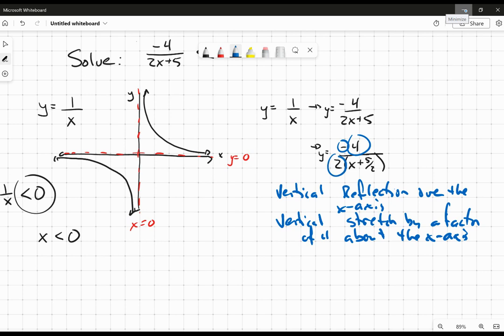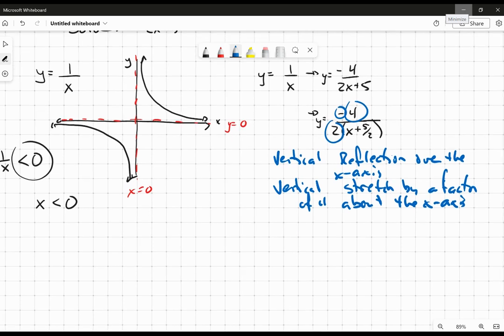That 2 in the denominator being in front here. Now, there's a couple of different ways that we could have interpreted this. I could have simplified this a little bit, but I want to talk about the transformations here. I can think of this as a horizontal stretch by a factor, and remember how that works, of 1/2 about the y-axis.